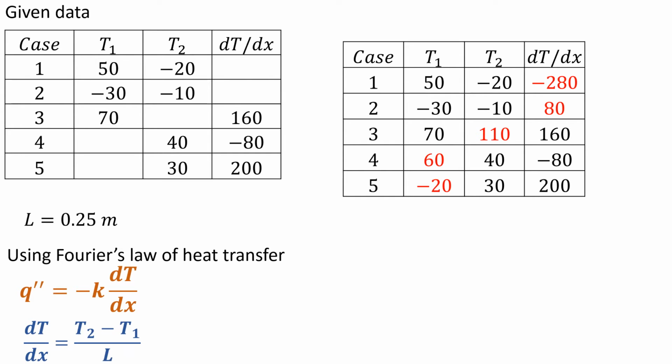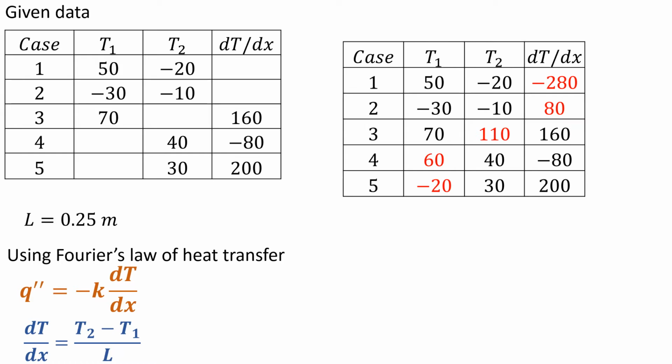Similarly, I have rearranged the equation for T1 and solved for T1 by substituting T2 equal to 40 degrees centigrade and dt by dx equal to minus 80 degrees centigrade per meter for case 4, and T1 comes out to be 60 degrees centigrade. Same for case 5 where T2 is 30 degrees centigrade and dt by dx is equal to 200 degrees centigrade per meter, T1 comes out to be minus 20 degrees centigrade.